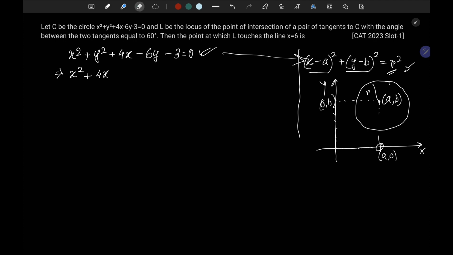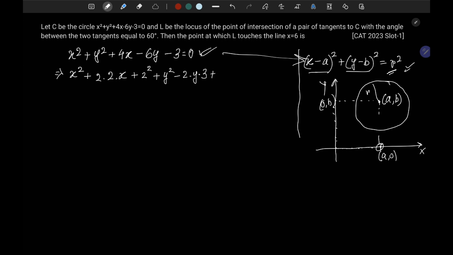Now 4x can be written as 2 into 2 into x. To complete a whole square term we need another square, that is 2 square or 4. The next thing is y square minus 6y. 6y can be written as 2 into y into 3.